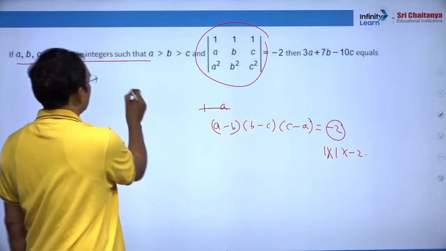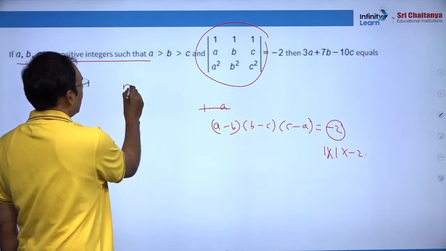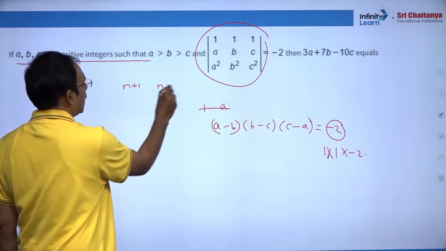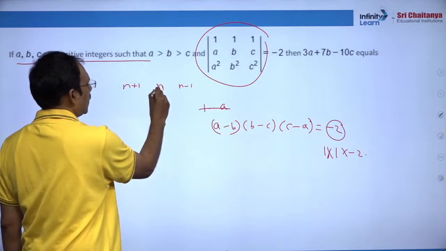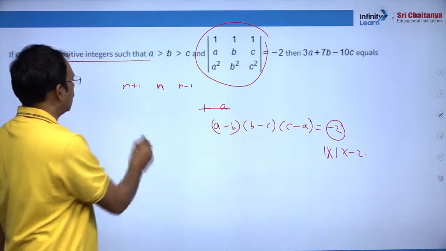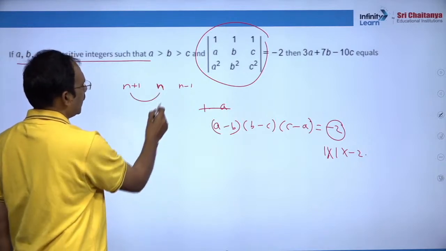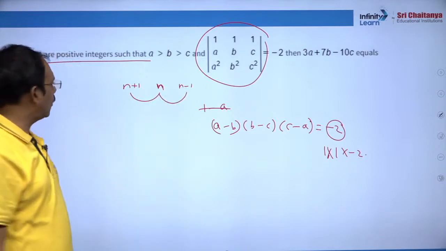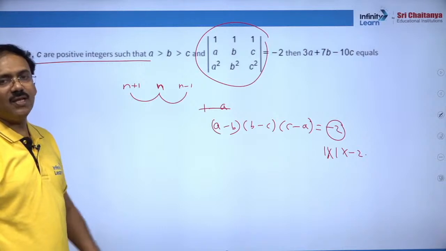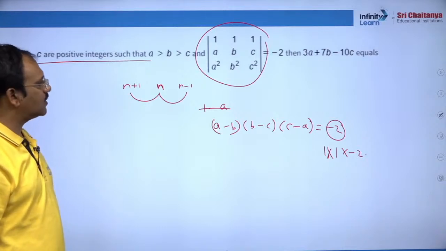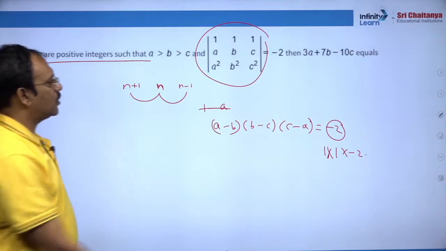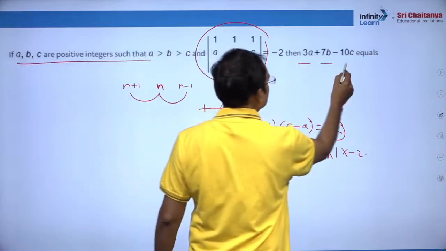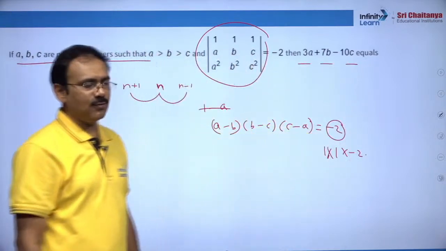Suppose you take a like n plus 1, b as n, c as n minus 1. If you take 3 consecutive integers, you see a minus b is 1, b minus c is 1, c minus a is minus 2. So a, b, c must be 3 consecutive integers, my dear friends, so you can substitute any 3 consecutive integers here and find the value.